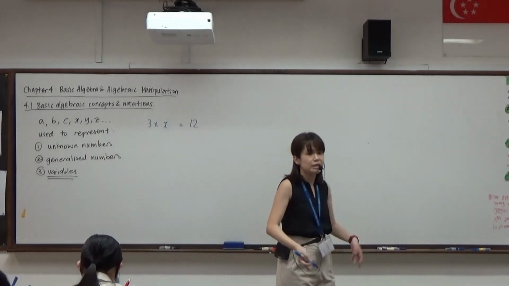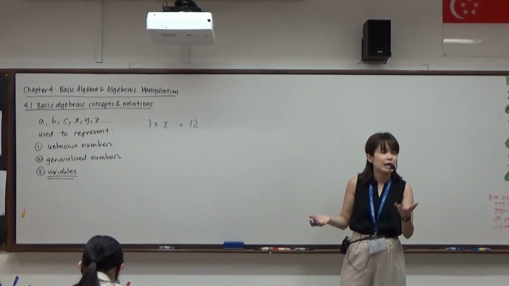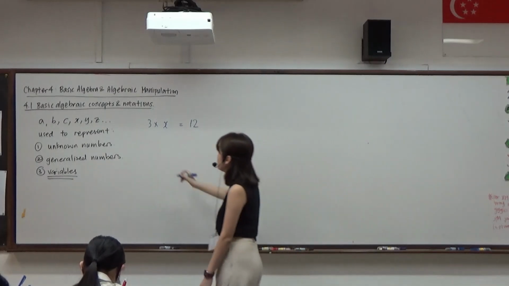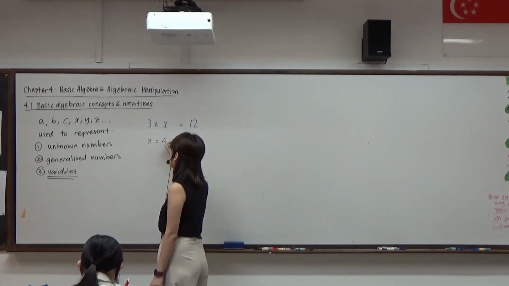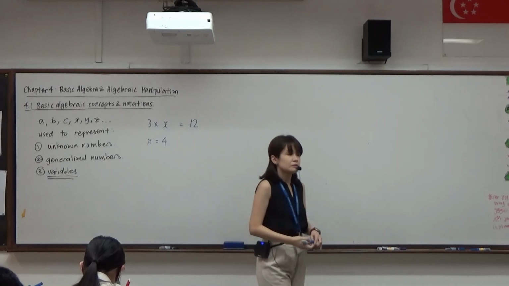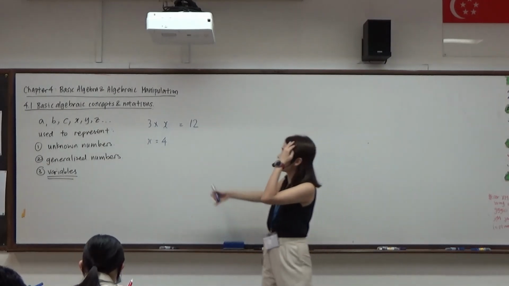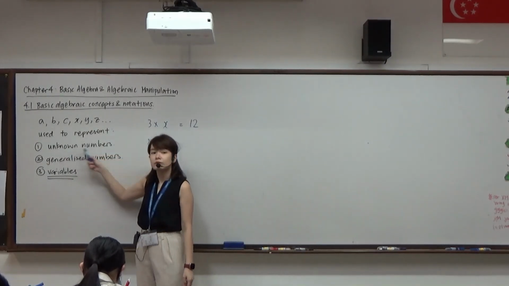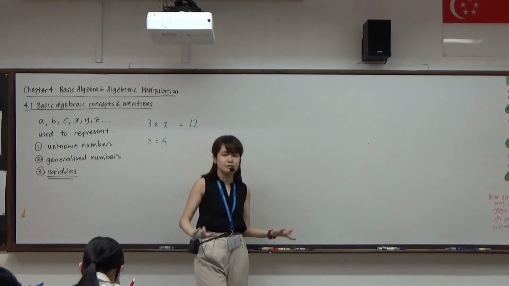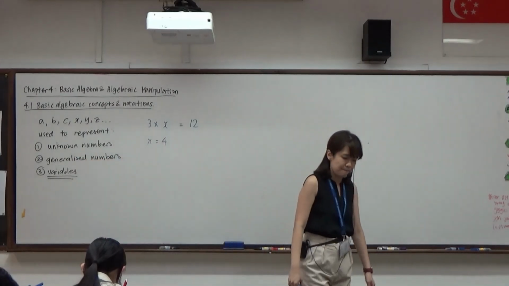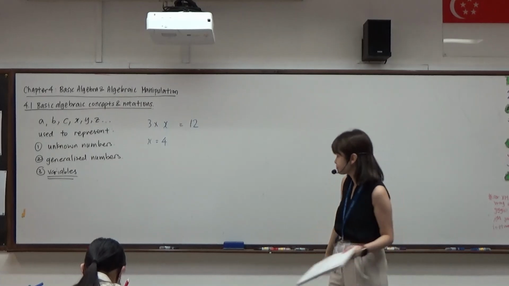Then the question will be, what is the value of x? And very clearly, just now we already know that x is equal to 4. So this is what I mean by using letters to represent unknown numbers, to replace the box that we used to see.